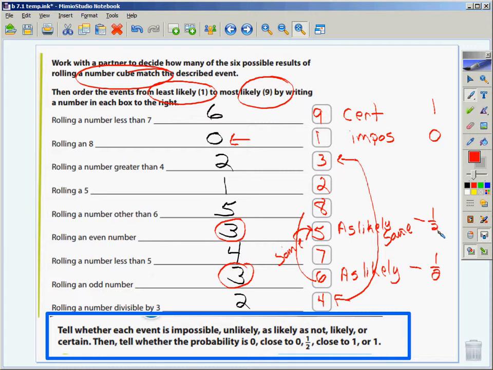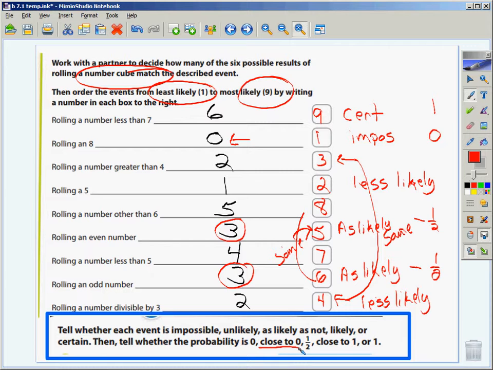Those are less likely, which means they're close to 0.